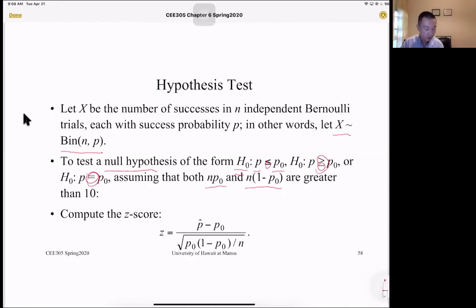What we need to calculate is the z-score. This is the z-score, where this is the sample proportion, P0 depends on what the question asks, and n is the sample size. So we calculate the z-score.